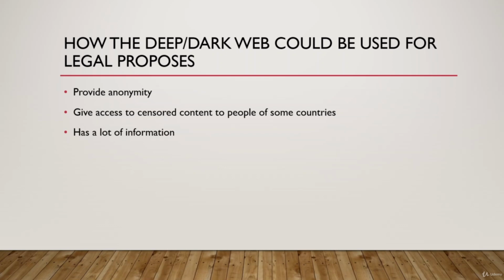So those are the ways that you can use the deep web legally. As I said, to find information, it could be scientific information, it could be information about a lot of different stuff, about history, about countries. Personally, I really love the Tor library because you have books about absolutely everything.